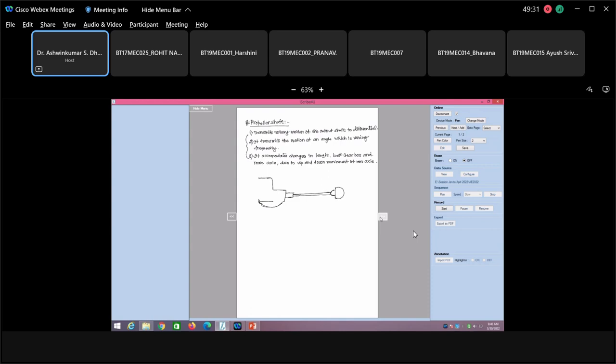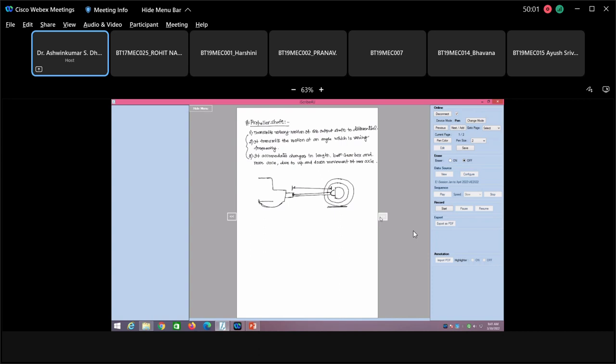Okay, and now this particular length of the propeller shaft, so this is the length of the propeller shaft. It has increased.